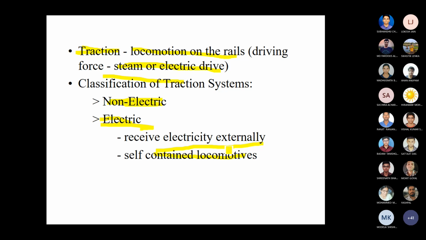Receiving electricity from external means: the Rajdhani Express and Shatabdi Express are very prime trains, and they have two options.